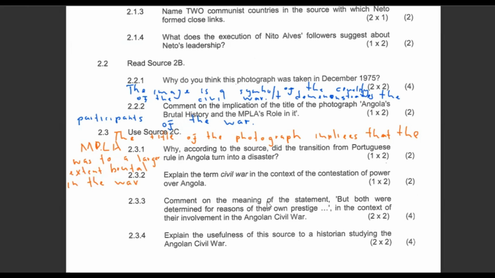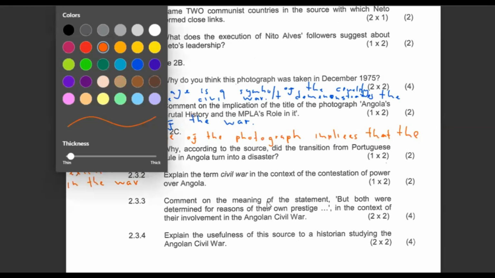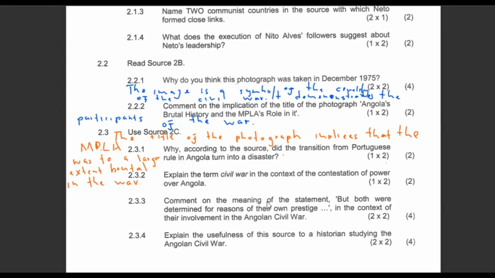Then the next question: explain the term civil war in the context of the contestation of power in Angola. But before we attempt that one, there is yet another question, which is question 2.3.1. Why, according to the source, did the transition from Portuguese rule turn into a disaster?